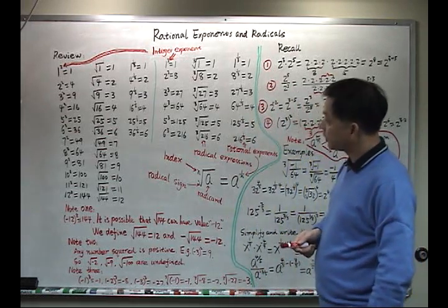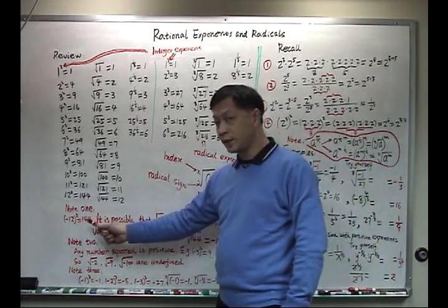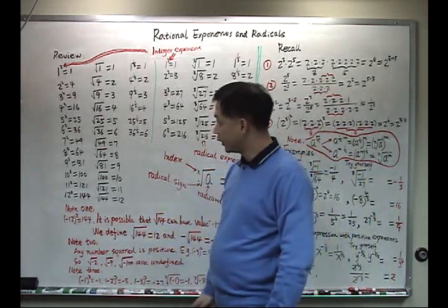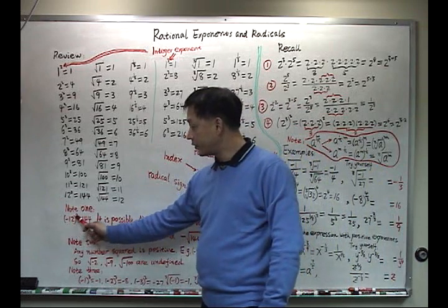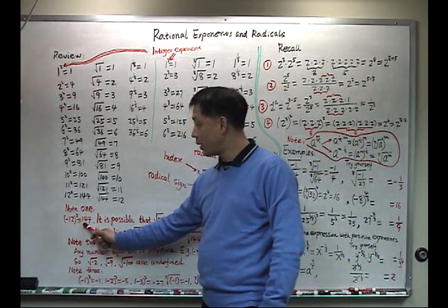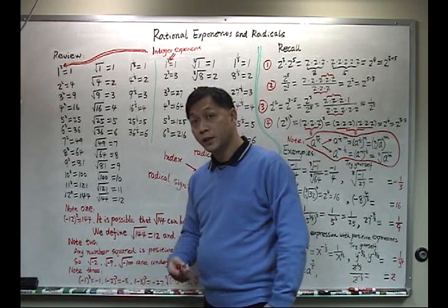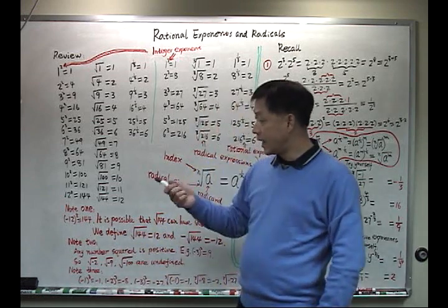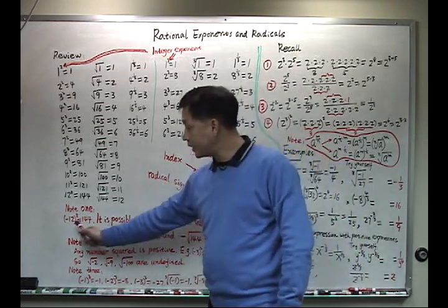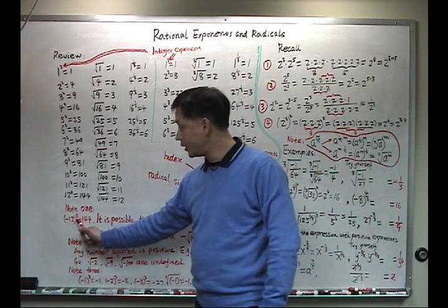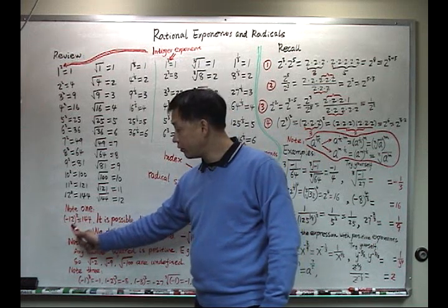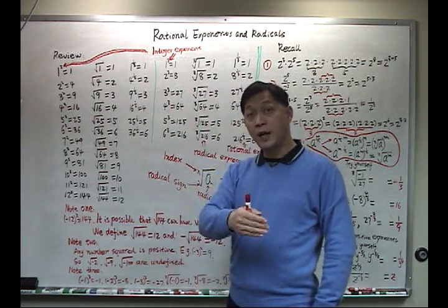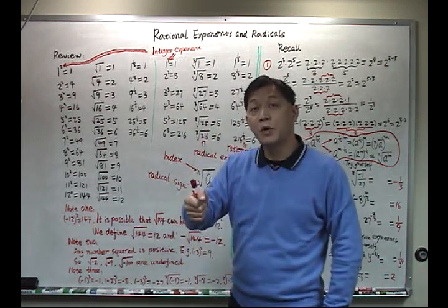Now, let's look at a couple of notes. Note 1 says that negative 12 squared is 144. It is because negative 12 squared means negative 12 times negative 12.